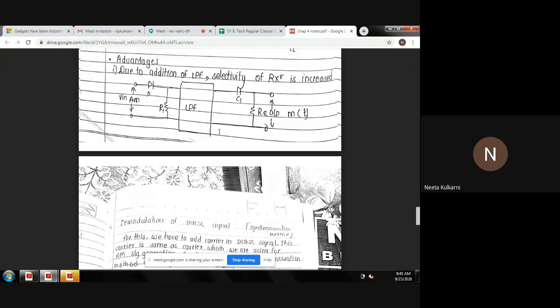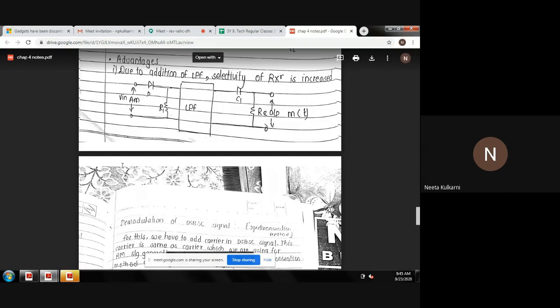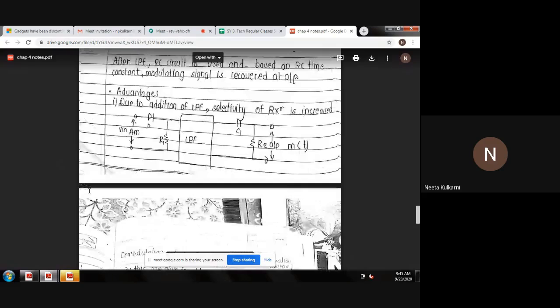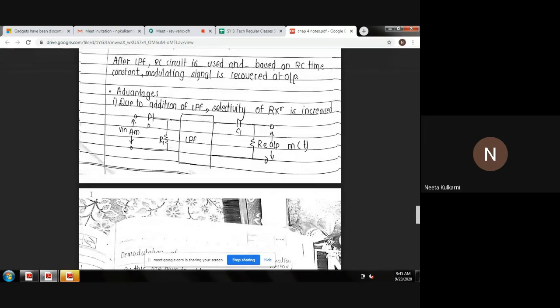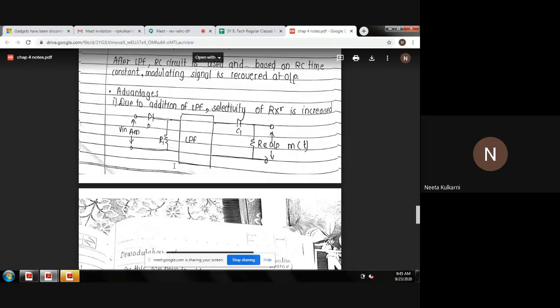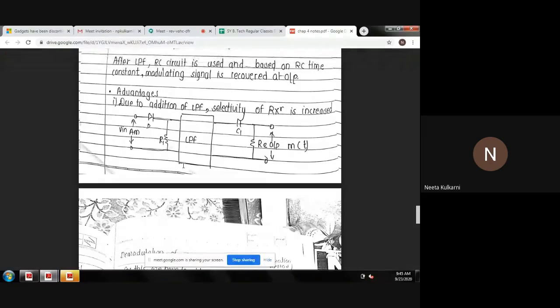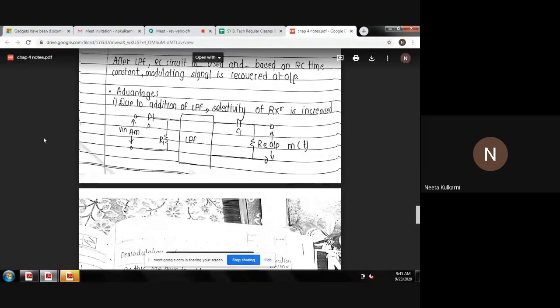So which one is having more selectivity if you compare rectifier detector and envelope detector? कशाची selectivity जास्त असणार आहे दोन्ही मध्ये? Selectivity means what? Select the signal of the required frequency.